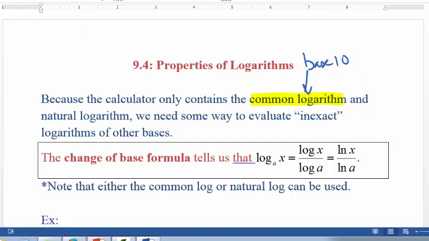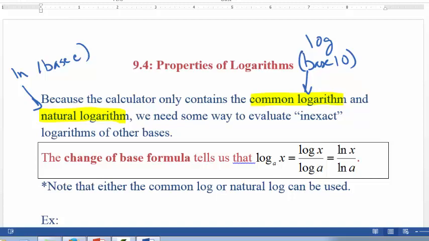And you also had your natural log button, which was the ln button, and that would be log base e. Common log was written just log, and that was base 10, and natural log was ln, which was base e.